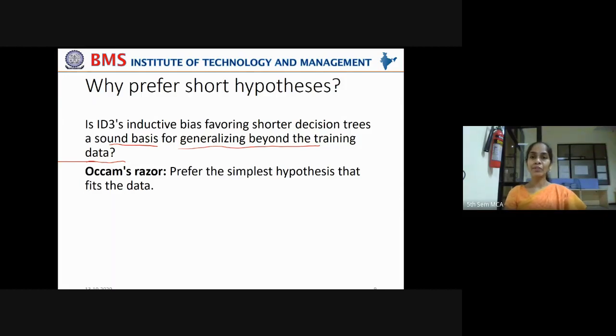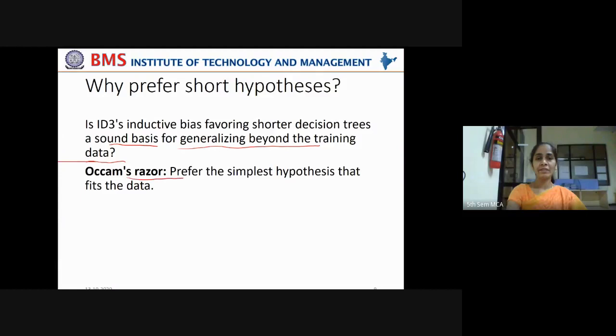ID3 assumes that it prefers shorter decision trees over longer or complex decision trees because they may generalize well to unseen data. But does this assumption have any support historically? This is the most debated question among scientists from nearly the 14th century.